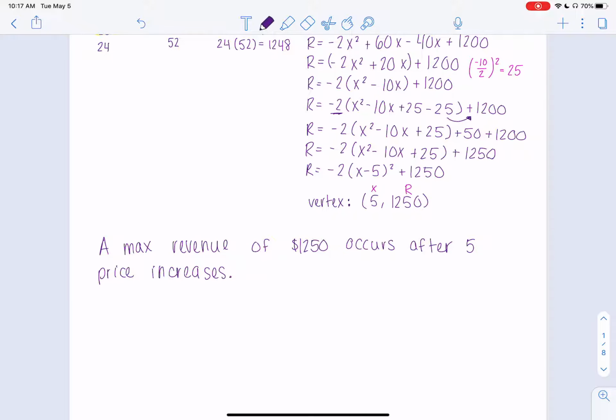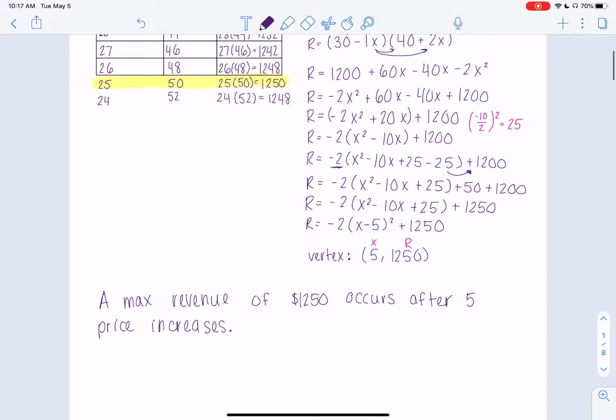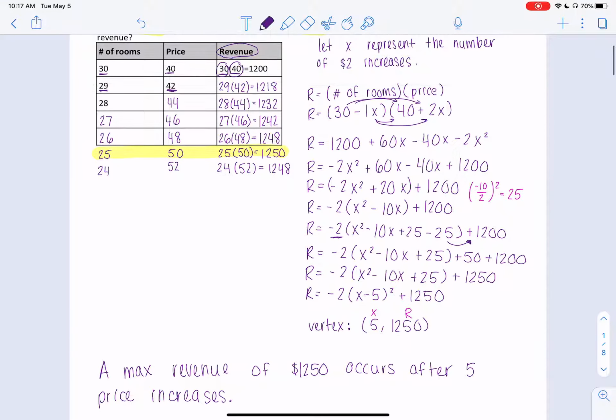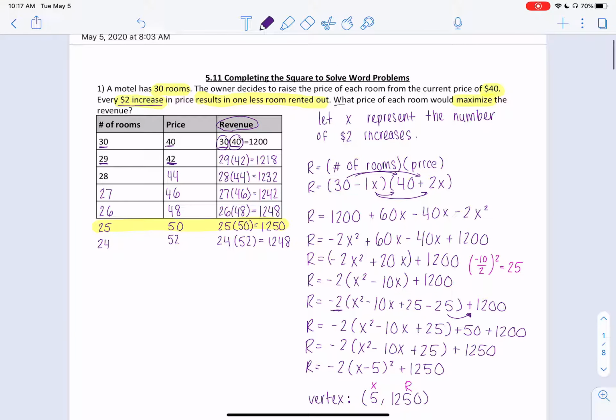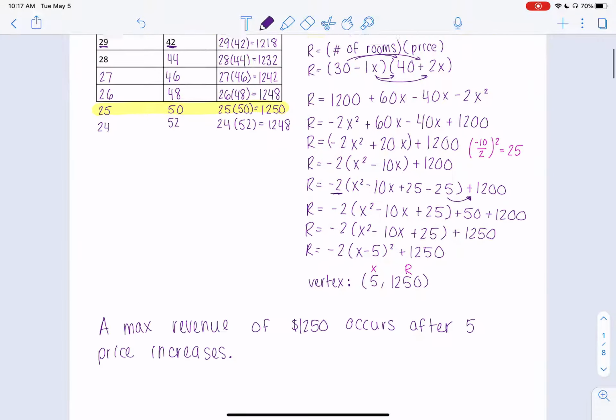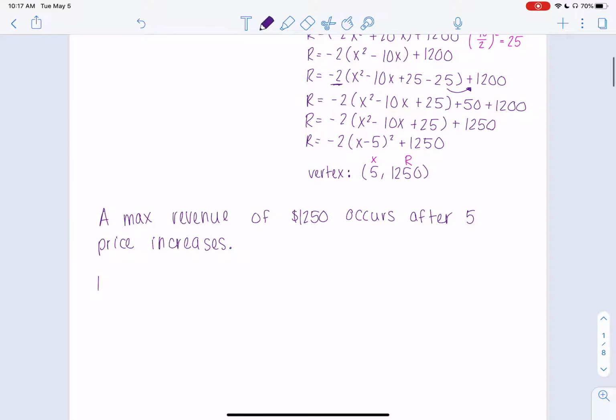So now let's find the price after 5 price increases, because what we're trying to find here is what price of each room. So we know that the maximum revenue occurs after 5 price increases, but what is the price? So my price started at $40 a room, and I've increased the price by $2 5 times.